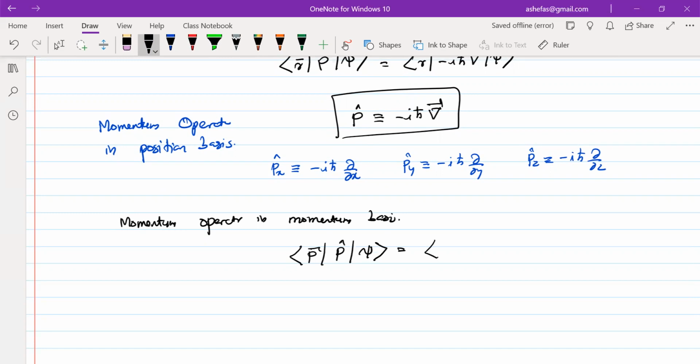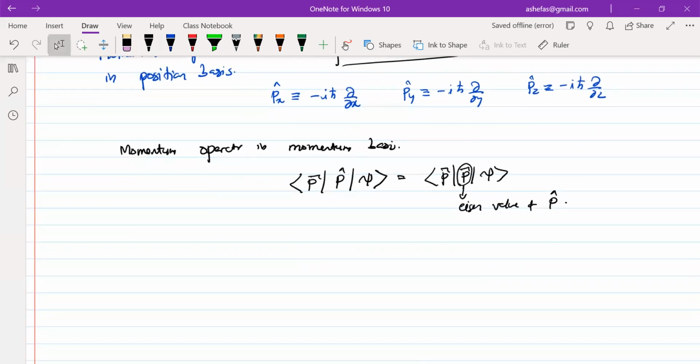Now that is simply equal to p, the momentum eigenvalue, times ψ. Okay, so this p is nothing but the eigenvalue. And so what would be the result? That would be equal to p times the inner product ⟨p|ψ⟩. So this would be equal to p ψ of p.